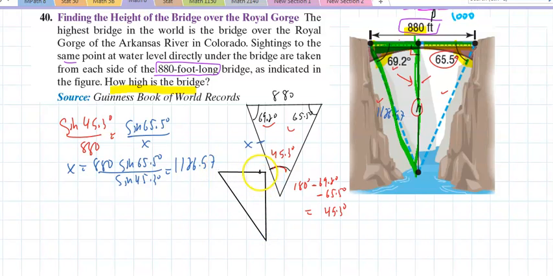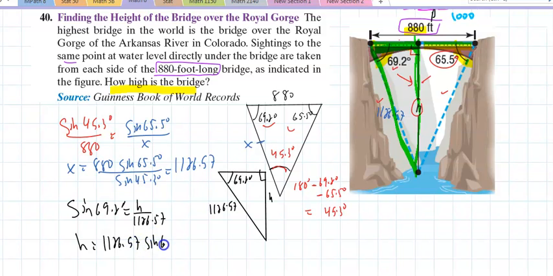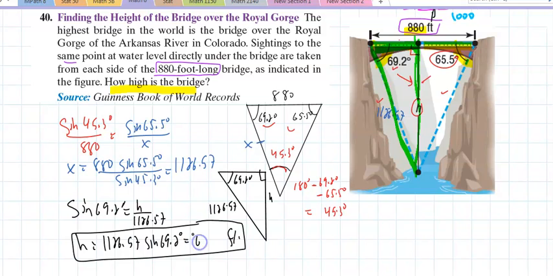If I know this is 90, can I get this? Yeah, this is 69.2 degrees. This is h, and this is 1126.57. Wouldn't you say the sine of 69.2 degrees equals the opposite over the hypotenuse? And if I plug this in my calculator, h would equal 1126.57 times the sine of 69.2 degrees. I will get 1053.2 feet.